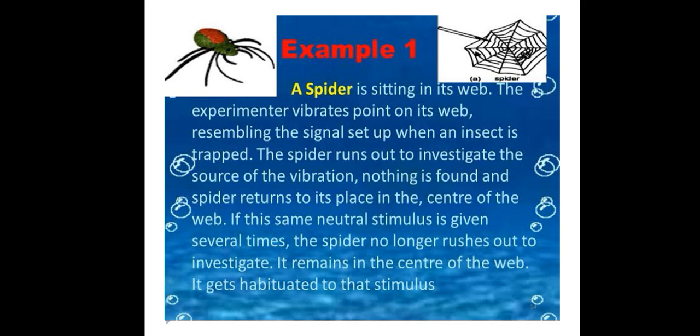Another example is, take a hermit crab in a glass jar, and with the help of a glass rod try to disturb it. In the initial stages, the hermit crab responds vigorously to the given stimulus. It gives a vigorous response.